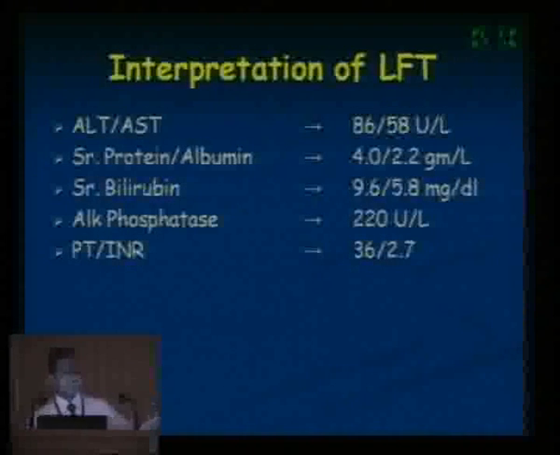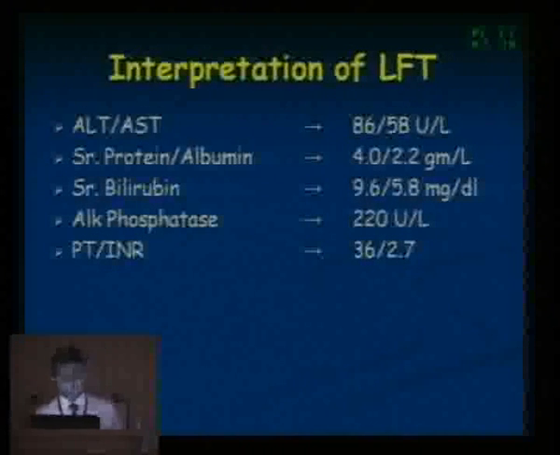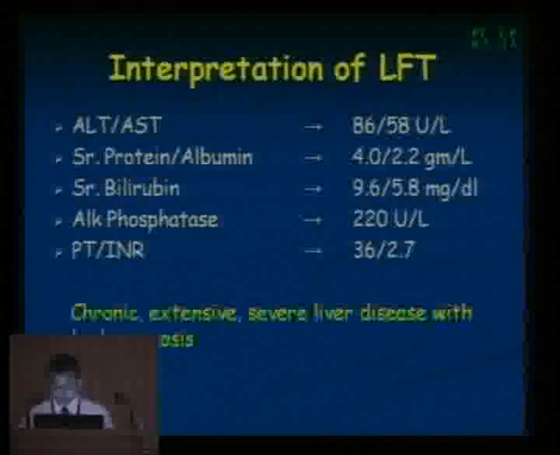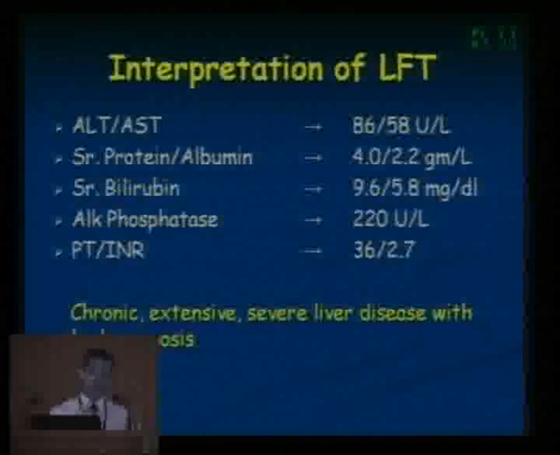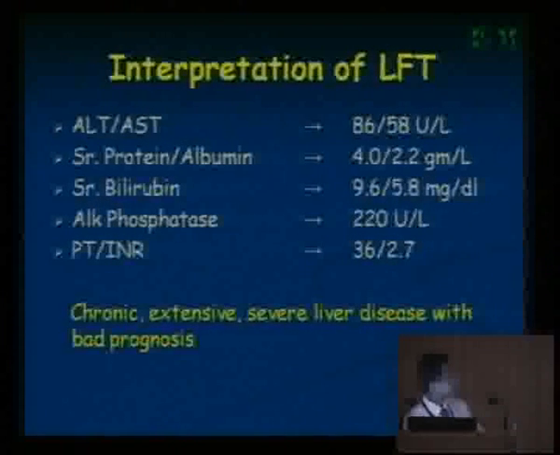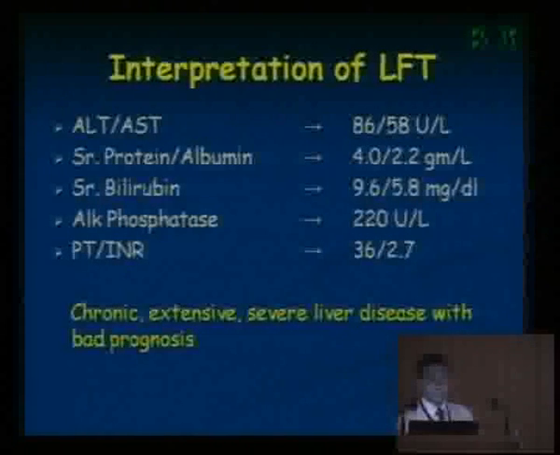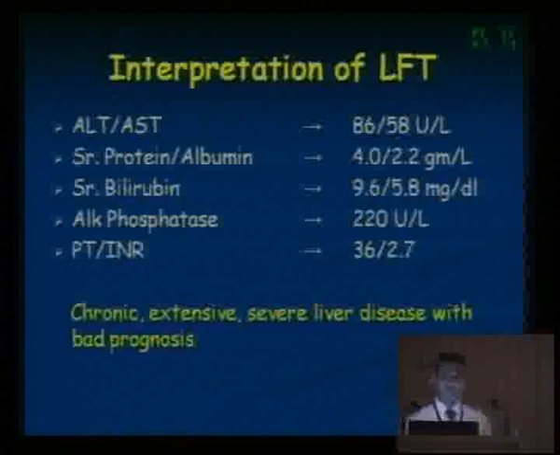Don't say hepatic cell necrosis, synthetic function of cells gone down, no. This is just one simple line of interpretation: it is chronic, because albumin is low; extensive, because bilirubin has gone up; severe because of bilirubin; and a liver disease with INR gone up has a bad prognosis.